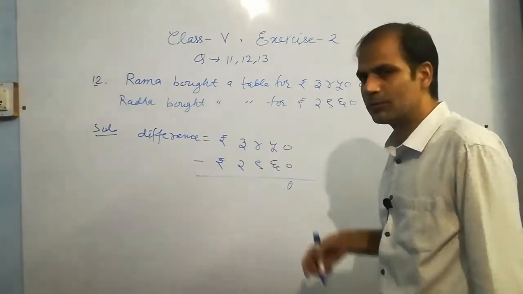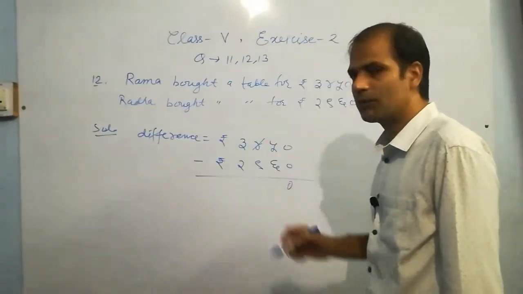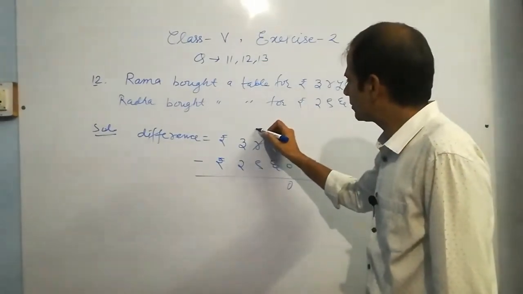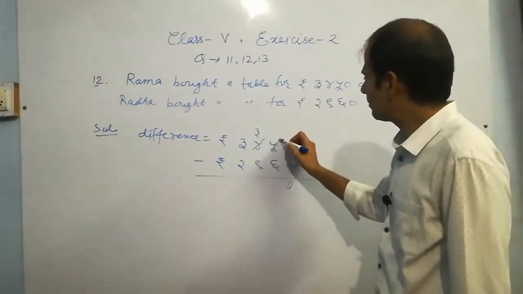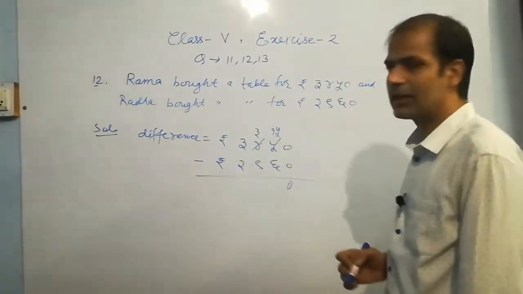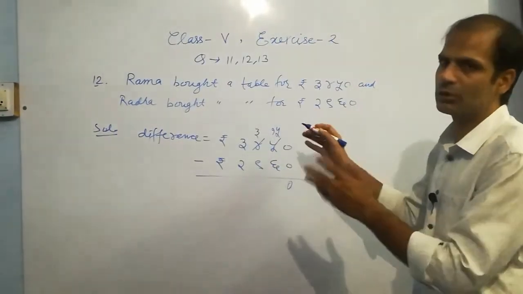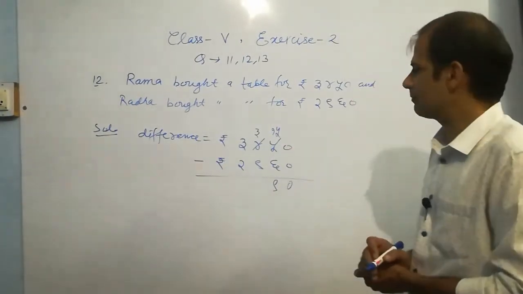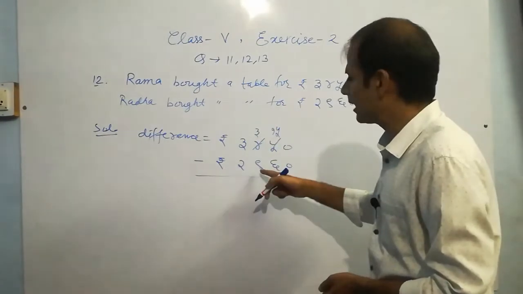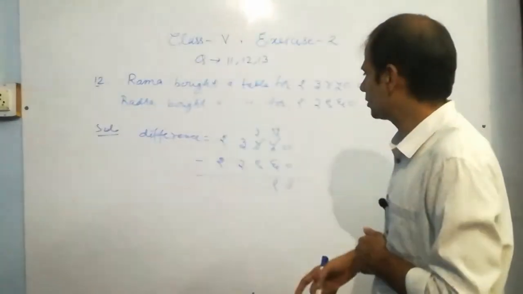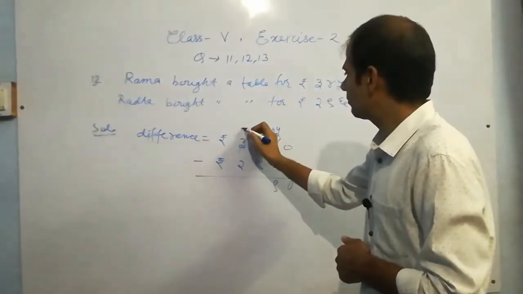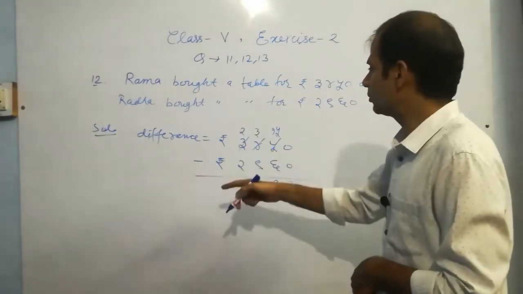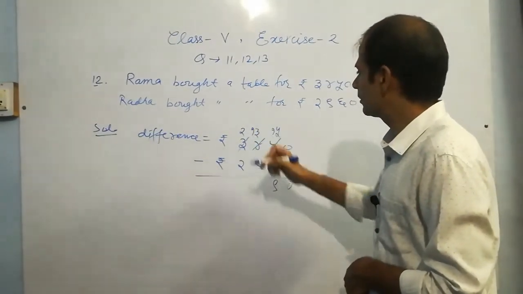Cannot be subtracted. Take borrow from this, it becomes 3 and it becomes 15. Be careful when you write Indian digits. Now 15 minus 6 is 9, it becomes 3 and 9, again subtraction not possible, so take borrow from this, it becomes 2, it becomes 13.